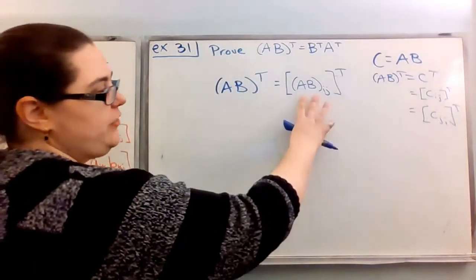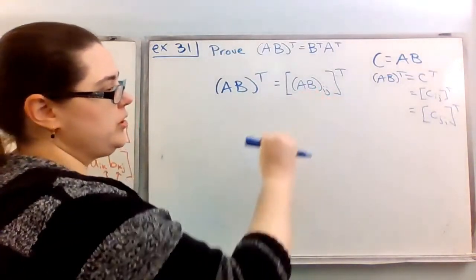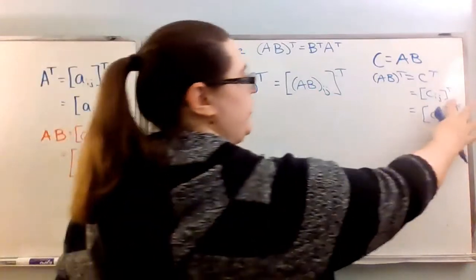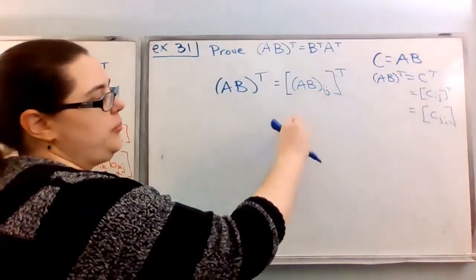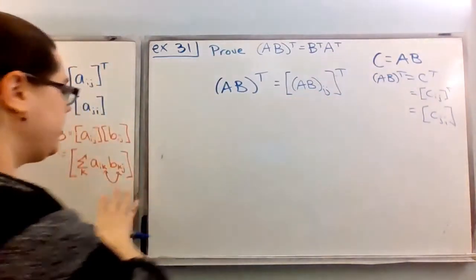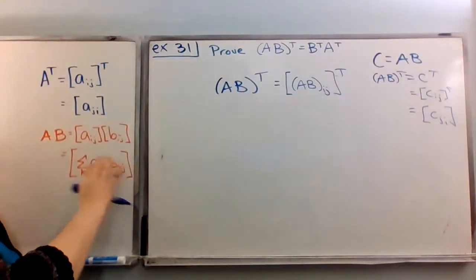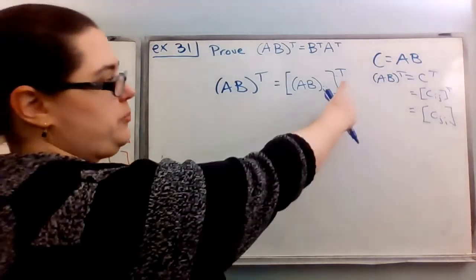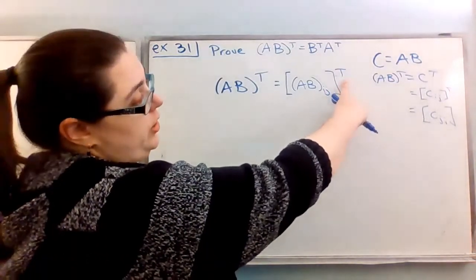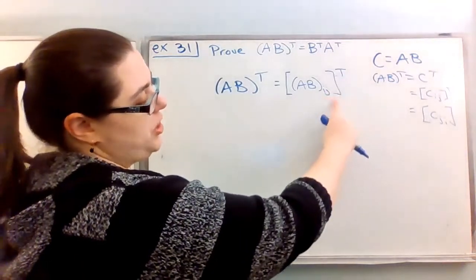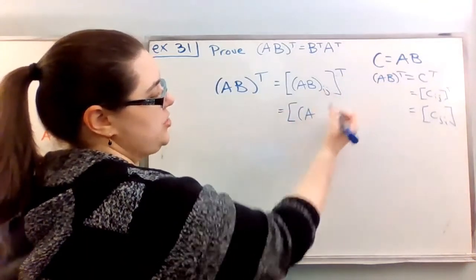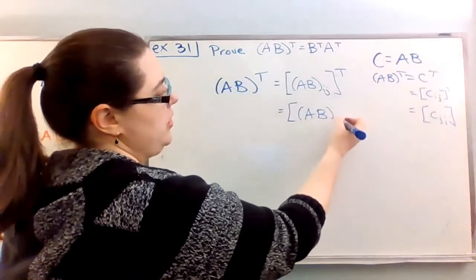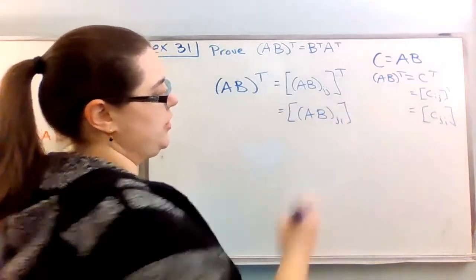Then, instead of immediately jumping to the AIJ in this definition, basically instead of jumping to multiplication, I said, let me deal with the transpose. So if I transpose this, that I and that J are going to switch. So this is not the ijth entry of AB, it is the jith entry of AB.